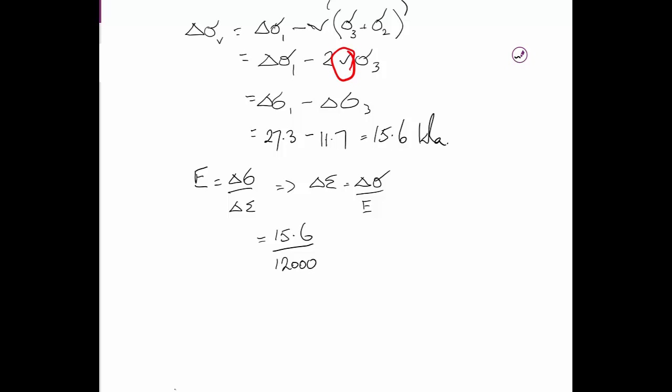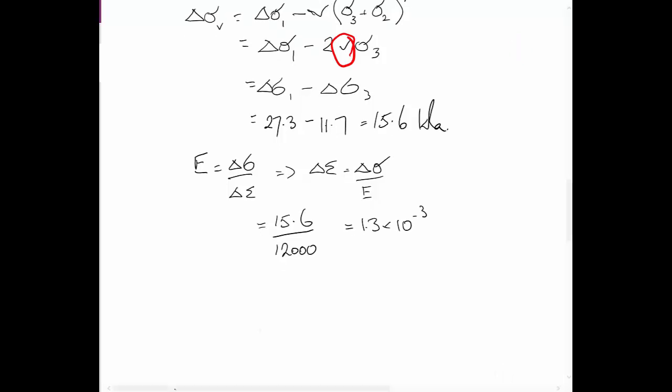Remember, we're working in undrained total stress, so it's the undrained modulus, which equals 1.3 by 10 to the minus 3 strains.